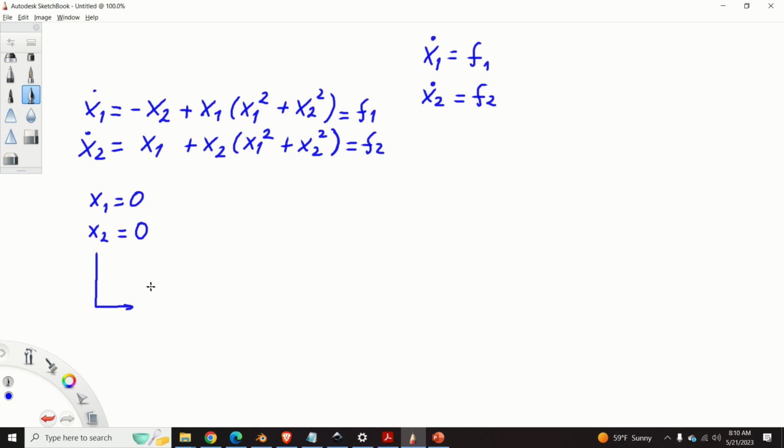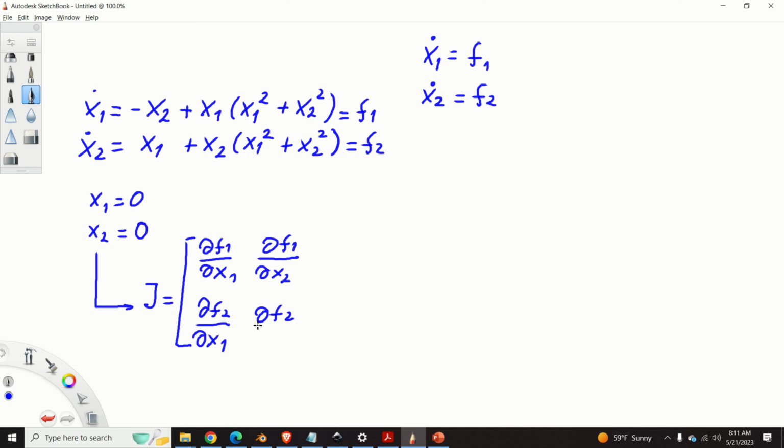The Jacobian matrix of this system is defined like this. The first row of the Jacobian matrix are partial derivatives of f1 with respect to x1 and x2, and similarly the second row is composed of partial derivatives of f2 with respect to x1 and x2.